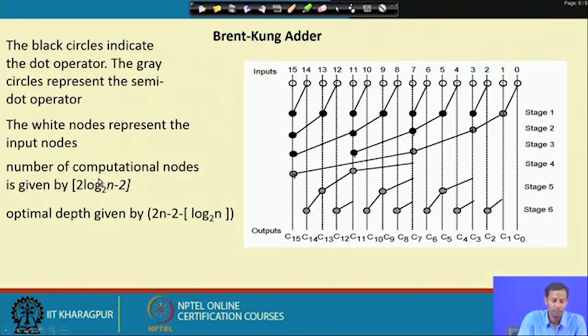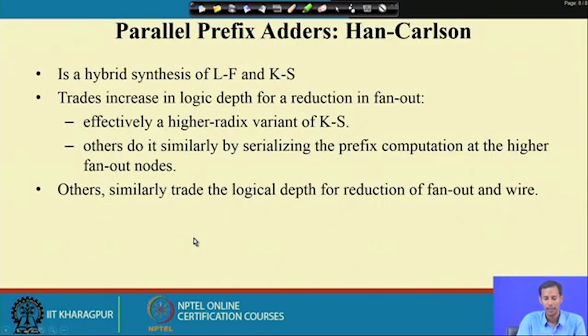So, this number of computational nodes is required, and the optimal depth can be derived from this particular equation, where n is the number of bits considered for the adder or the addition operation.